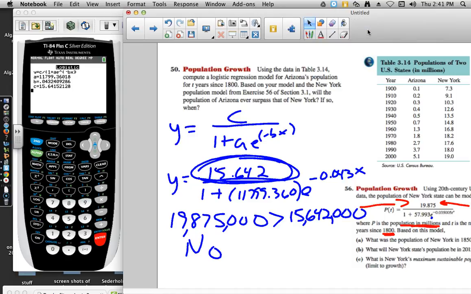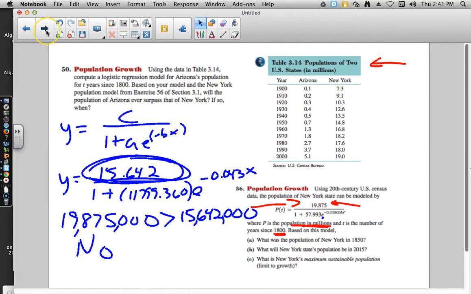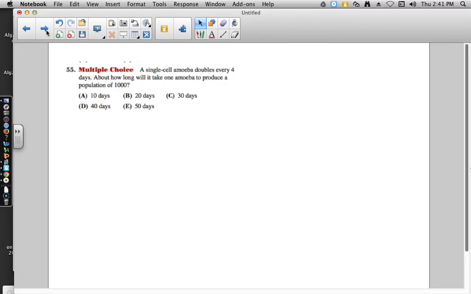It just won't happen. And the next one up on the list is 55. This one didn't require me to punch anything in for the table, so it says we have a single cell amoeba that doubles every 4 days. All right? So amoeba, single cell amoeba, I don't know, maybe I'll use A for amoeba and T for time in this one.